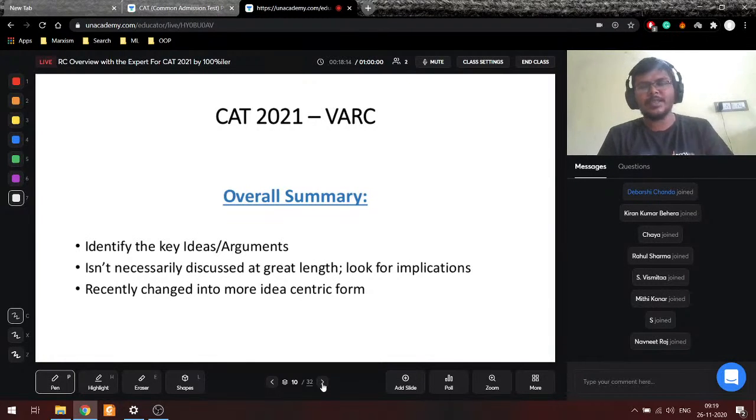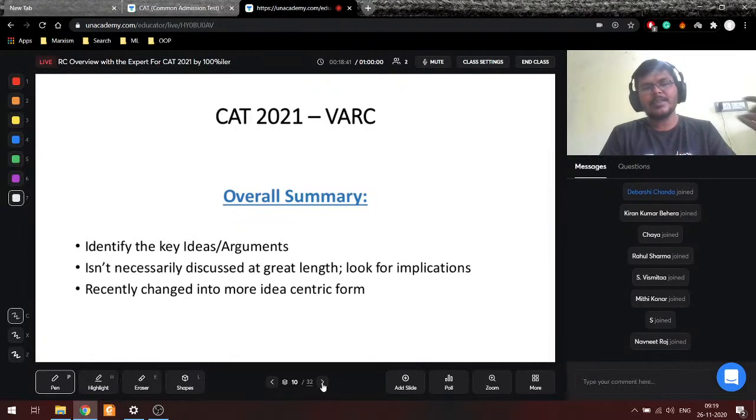Suppose there is a long discussion on a certain topic, but it is actually used as an example or a parallel to some other thing, and at the end of the passage the example is pointed to, and we analyze a particular different situation.